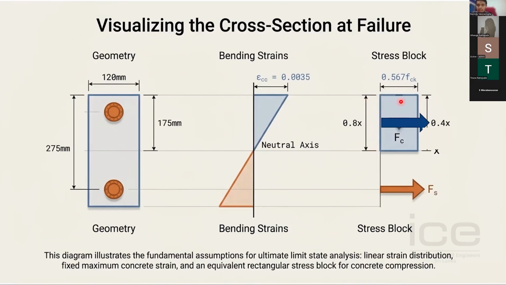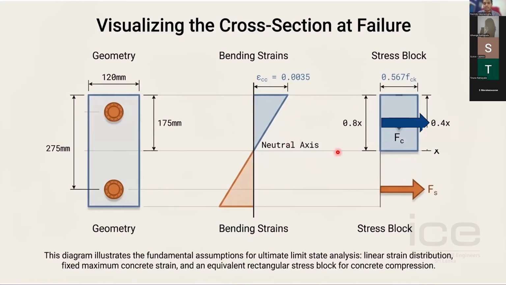So this area multiplied by the failure stress, you can find the compressive force in concrete. If you know the strain in steel, you can find the force in steel. So if this compression and tension are matching with each other, that will give you the stress condition at the ultimate limit state. So the key design aspect to remember in the ultimate limit state is that it is behaving as a normal reinforced concrete member with a triangular strain distribution.